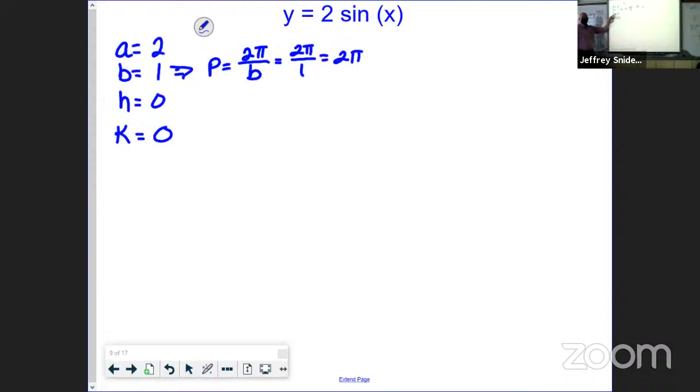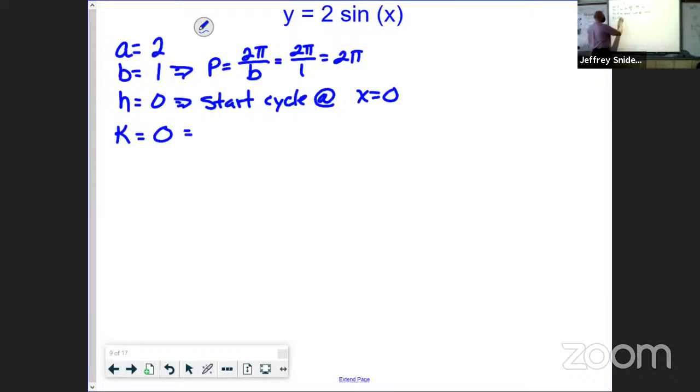H tells me where the cycle is going to start. So I'm going to start the cycle at 0. When I say 0, I'm going to put down at theta equals 0, or in this problem, I guess it's x. I shouldn't change variables. At x equals 0. There's no horizontal shift. What does the k value give me? The midline.